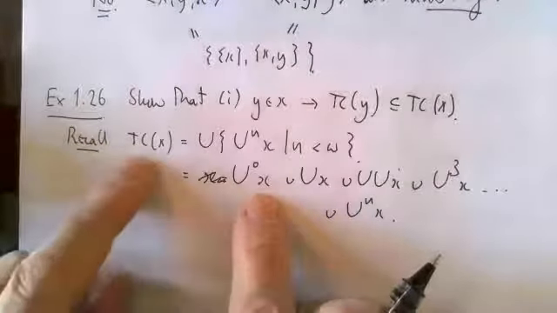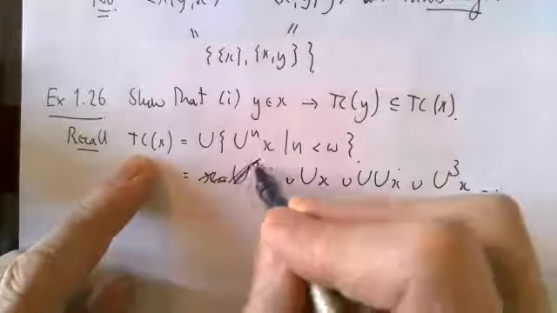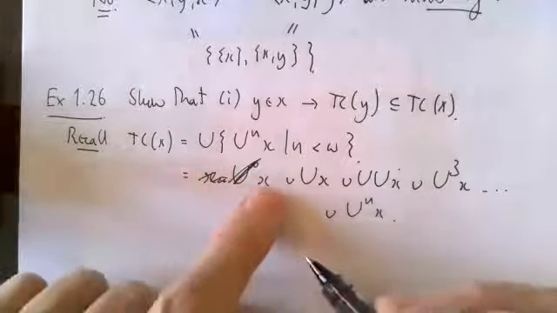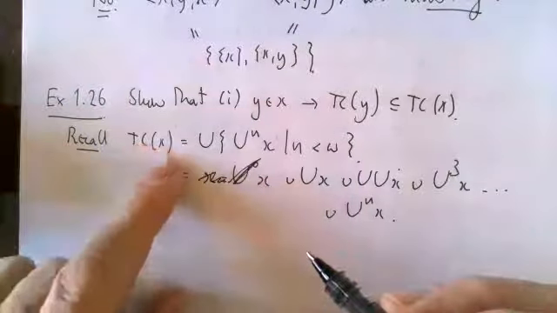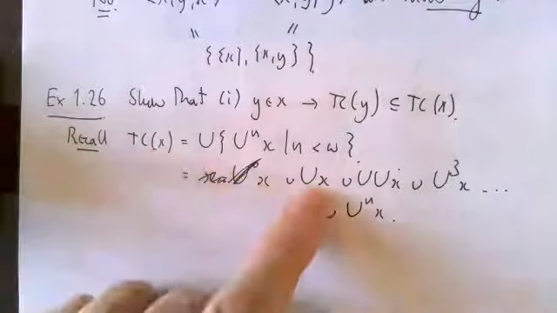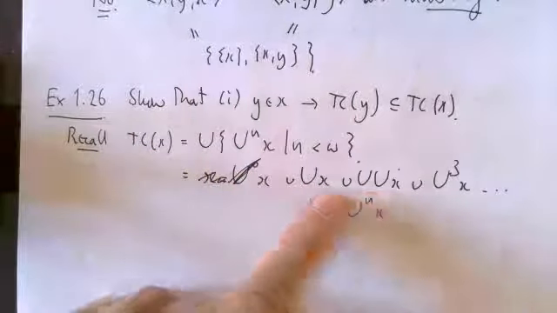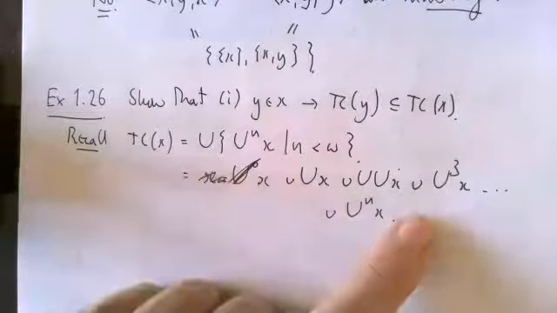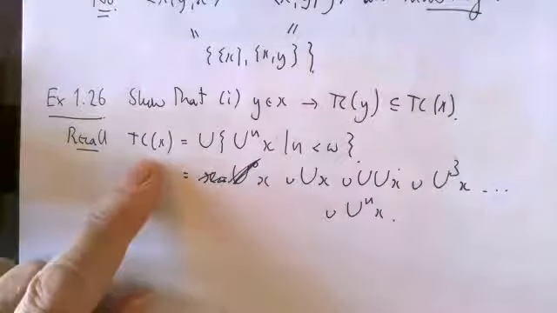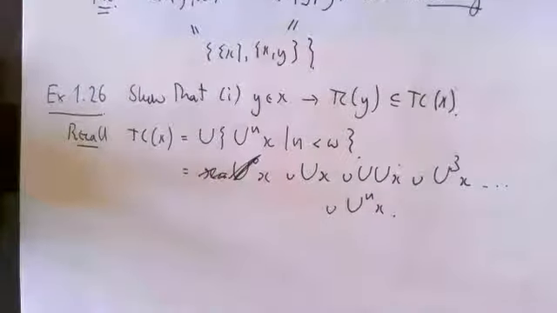So into TC of X, this is just U0 of X, which is X. Into TC of X, we throw all the members of X. We throw in all the members of members of X, and so on. So this TC of X has got no epsilon holes in it.